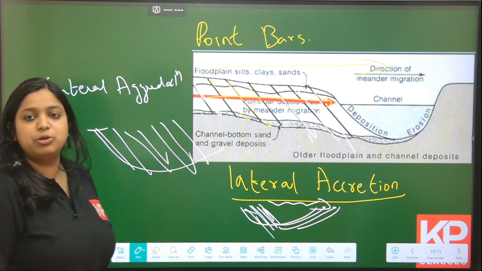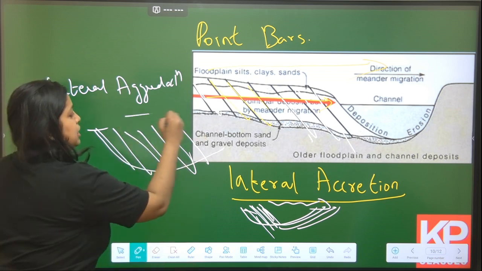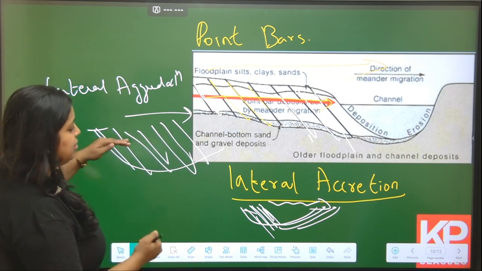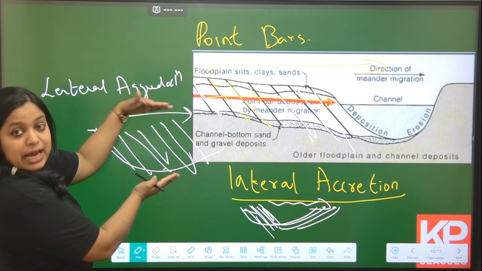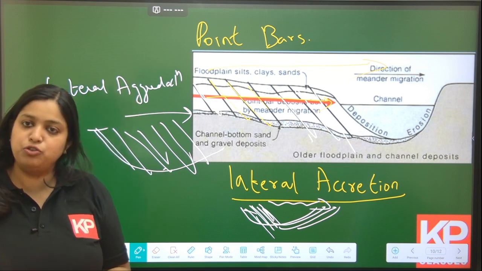In whichever direction the point bars dip, that direction is the direction of migration of the channel. As I said, this stacking of point bars looks like cross lamination or cross bedding.